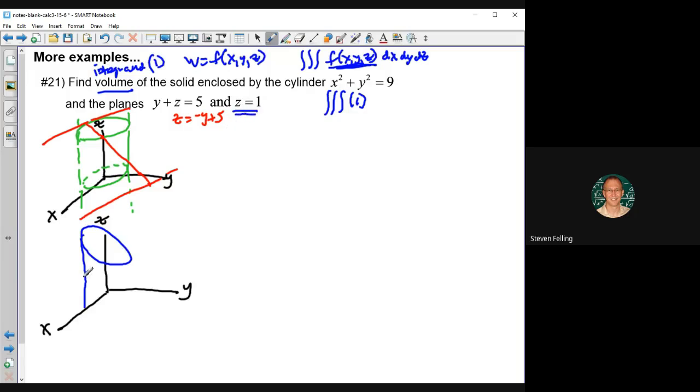So this doesn't go all the way down to the bottom here. In fact, let me back that off a little bit. This is going to stop when z equals 1, so it's kind of floating above the xy plane a little bit. There's a slice of it cut off, but the rest of it is a circular cross-section cylinder, and we're trying to find the volume of that.